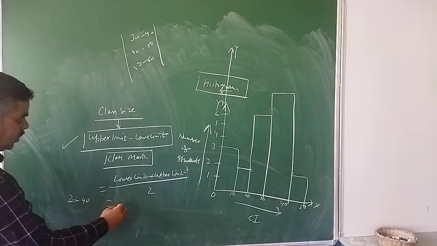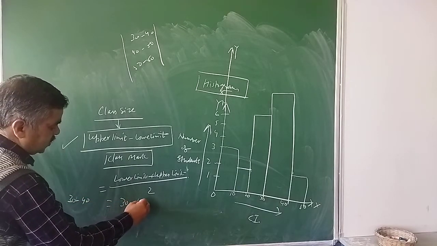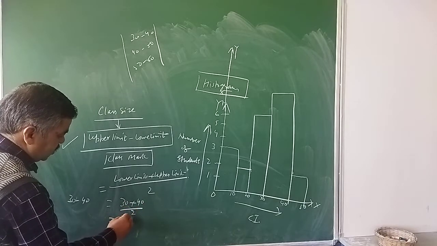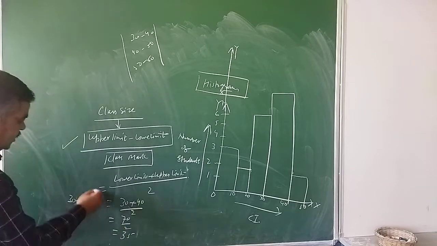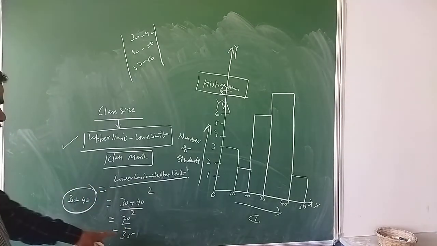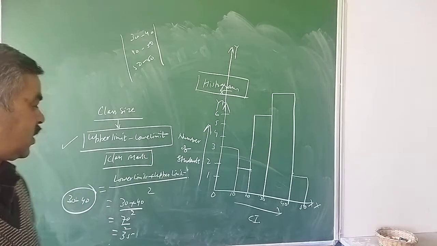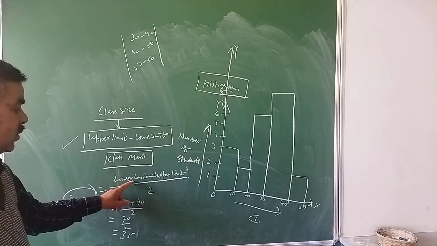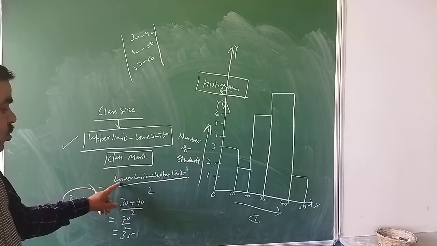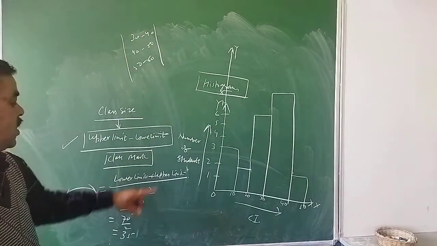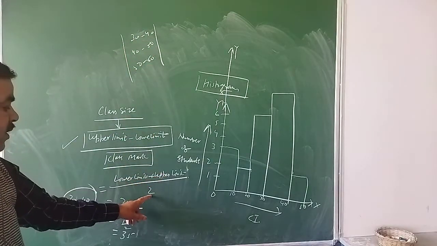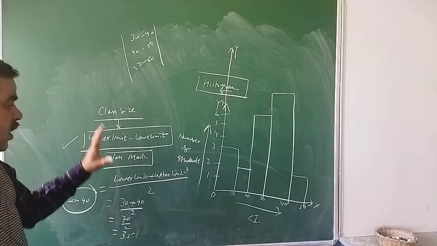That will be equal to 30 plus 40 upon 2, which is 70 upon 2. The class mark of the class interval 30 to 40 will be equal to 35. Whenever you calculate the class mark, you find the mean of these two limits, lower limit plus upper limit divided by 2.